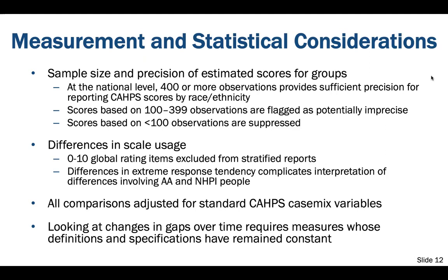I'll also note that if you're familiar with CAHPS surveys, the evaluative items tend to fall into one of 2 broad categories. There are 0 to 10 global measures, like rate the care that you've received on a scale where 0 represents the worst possible care and 10 represents the best possible care, or similar items about your specialists or your personal physician.